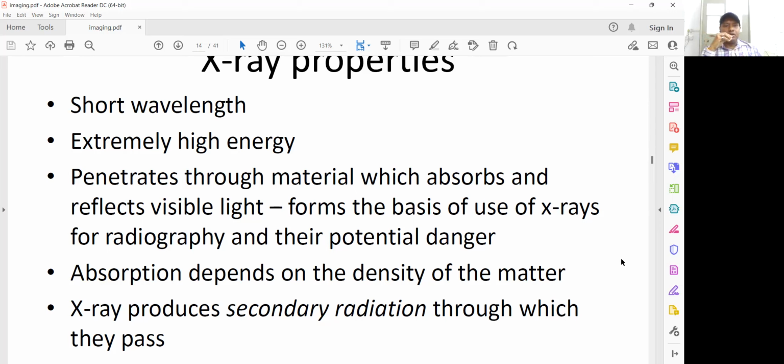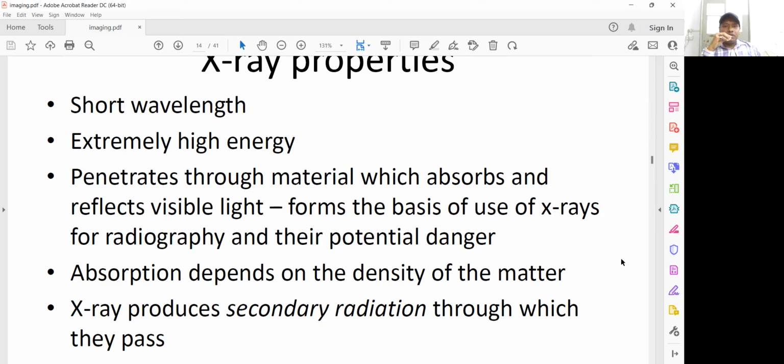Now the X-ray produces secondary radiation in the material through which it passes. This is very important, the secondary radiation. The secondary radiation consists of scattered radiation, which has some practical importance, characteristic radiation, and electrons. So after the absorption, the X-ray will produce secondary radiation.